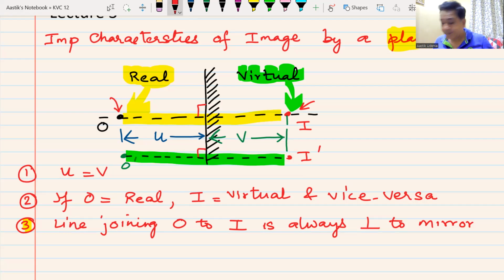Yes, sir. Okay. Now, there is one thing that you must understand, which is not a characteristic. So I'll write it in a different color as an important point, which is known as field of view. Have you heard this term, field of view? Anyone? Can you tell me what you mean by a field of view, beta?